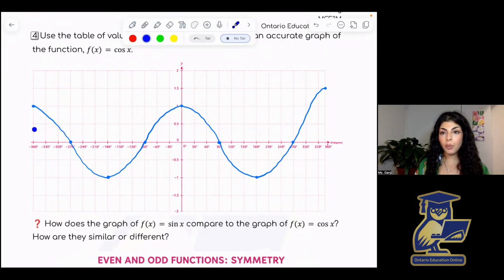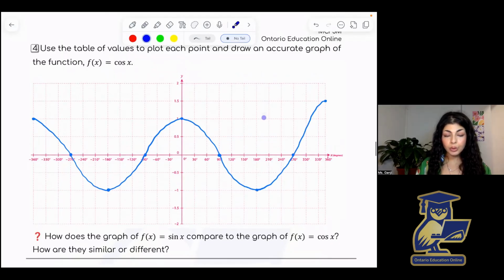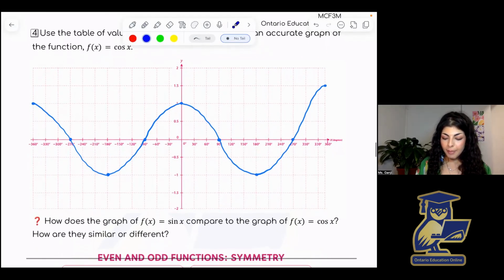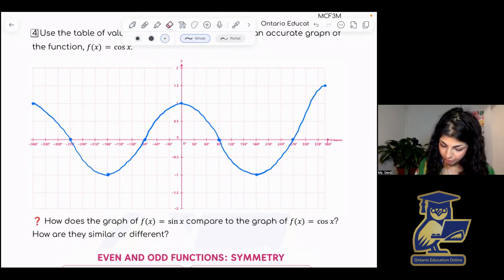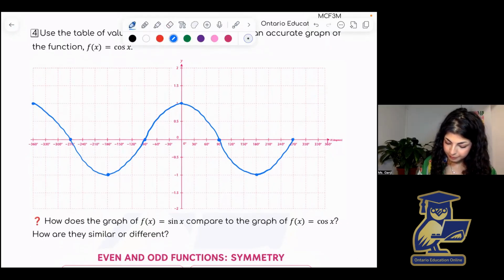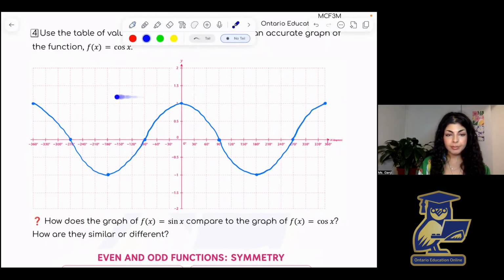And that's what we saw with the table of values as well. Cosine of 90 was equal to cosine of negative 90. And here the maximum, sorry, this is 1. The maximum is 1, which is the same as the sine function. The minimum is -1, which is the same. We have the equation of the axis, which is the same, and the amplitude is also 1.